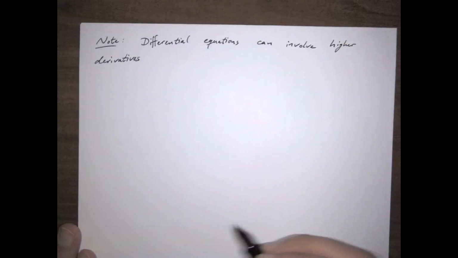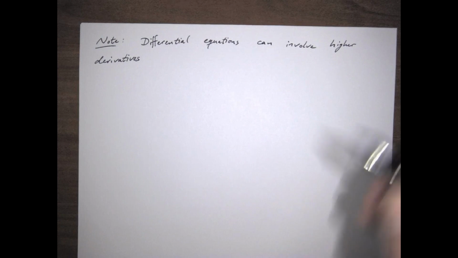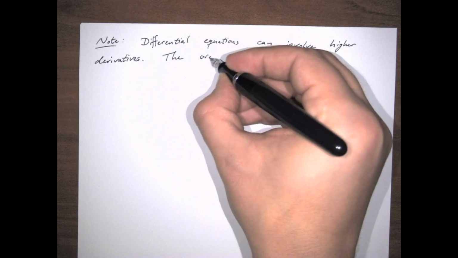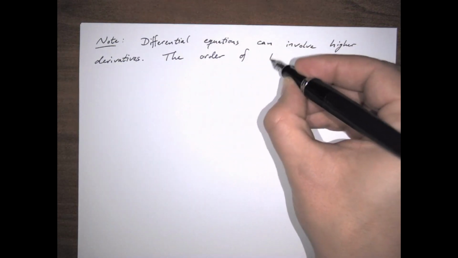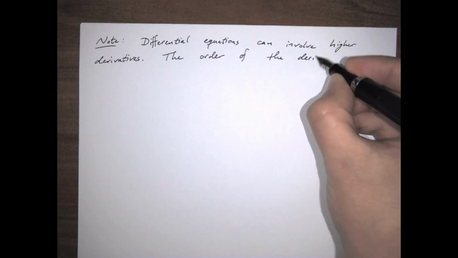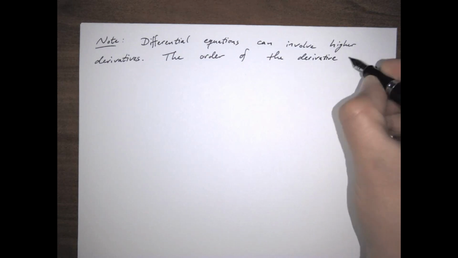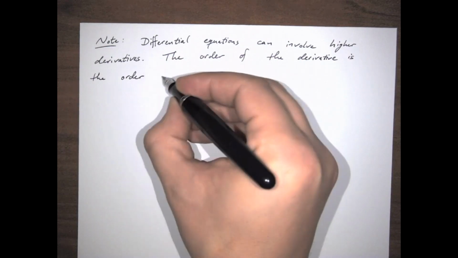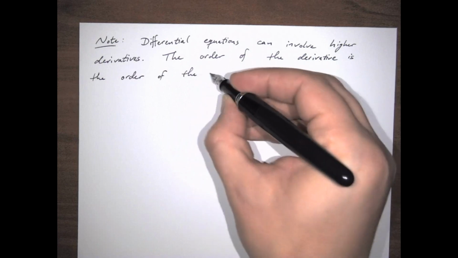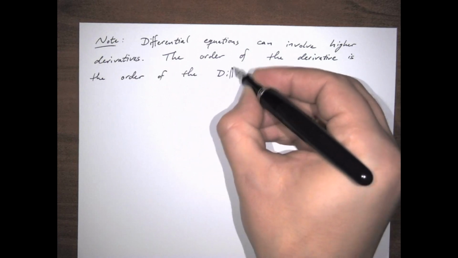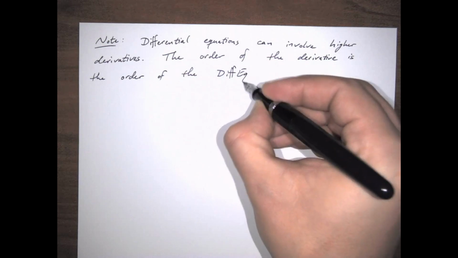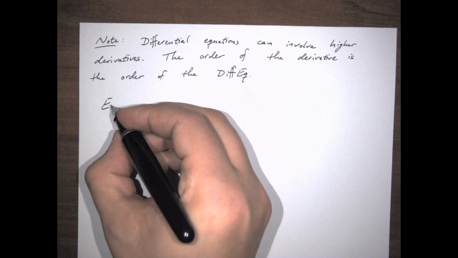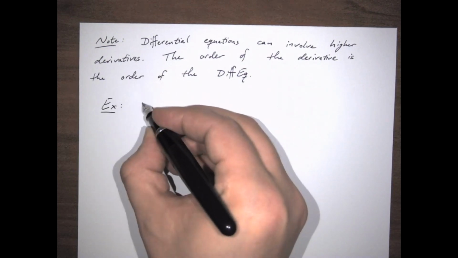So in other words, like second derivative, third derivative, things like that, and the order of the derivative is the order of the differential equation. So for example, here's an example of a second order differential equation.